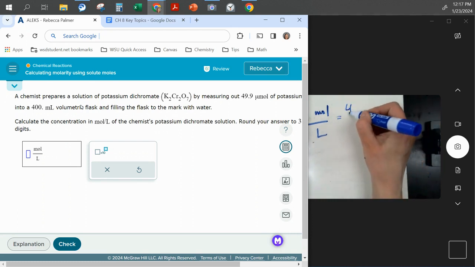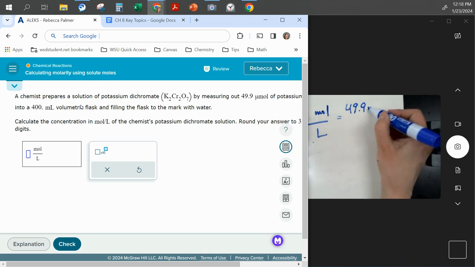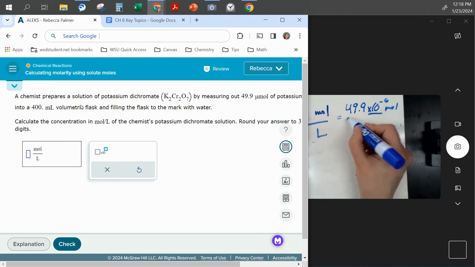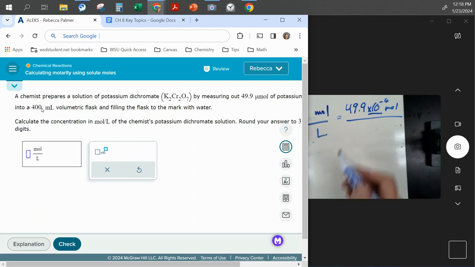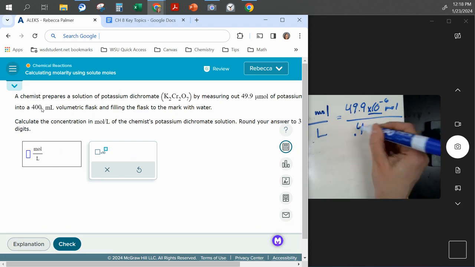So I'm going to write 49.9 times 10 to the minus 6. That is micromoles divided by milliliters. I need that to be in liters. I know that because it tells me it should be in liters. So I need to convert that to liters. So 0.4 liters, and that will be my answer.